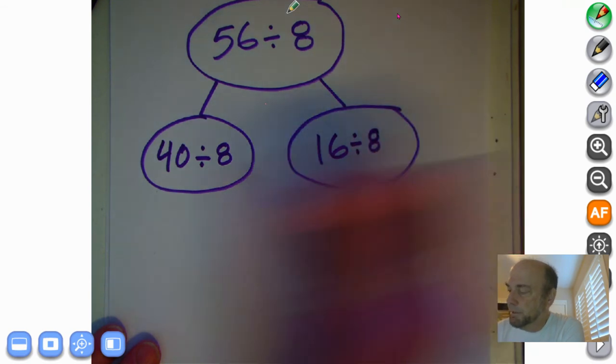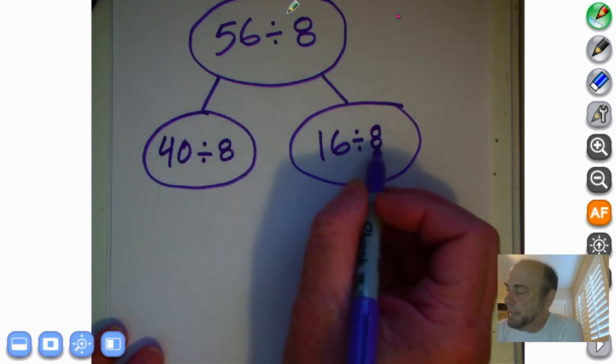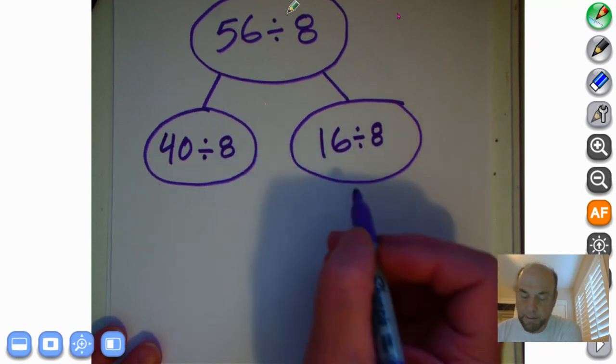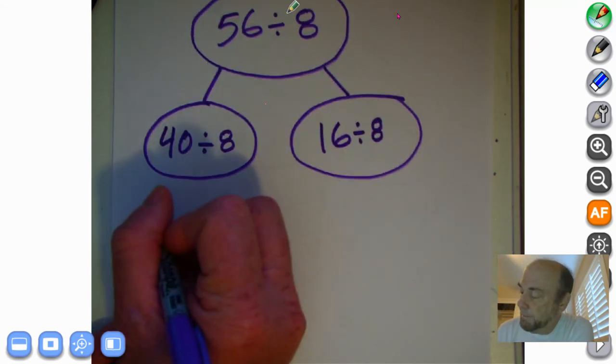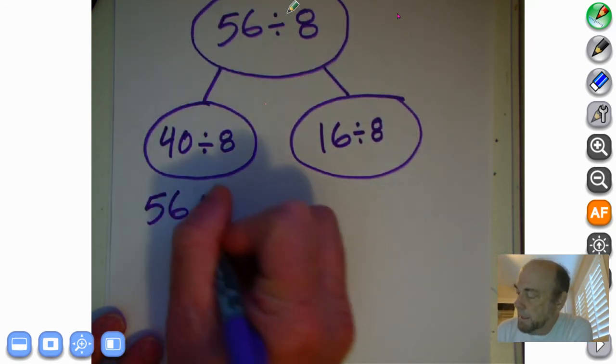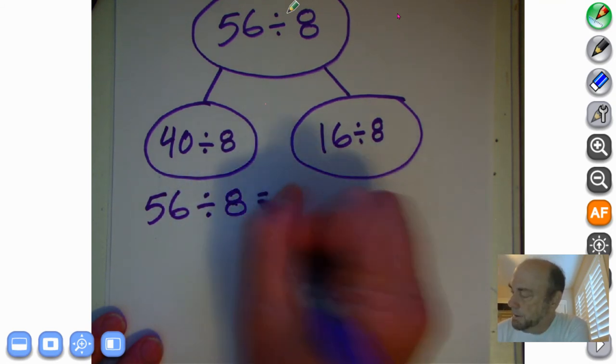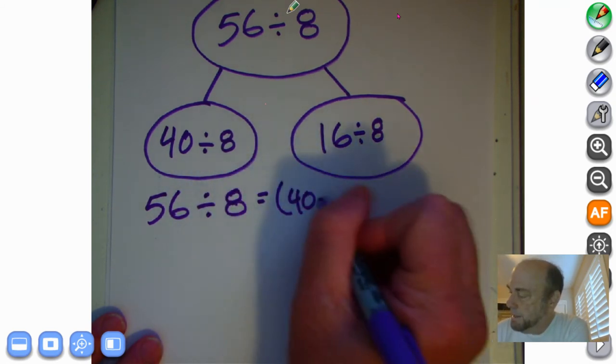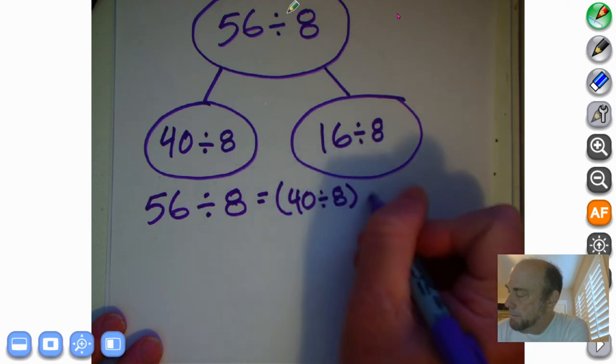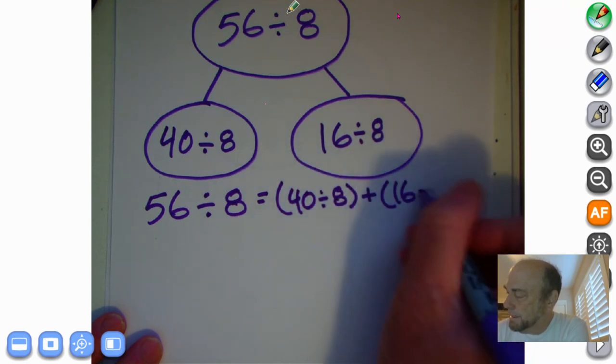Remember, 8 times a number equals 40, and 8 times a number will equal 16. So I have 56 divided by 8 equals 40 divided by 8 plus 16 divided by 8.